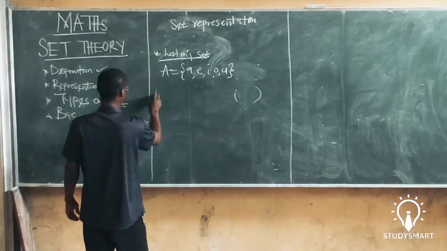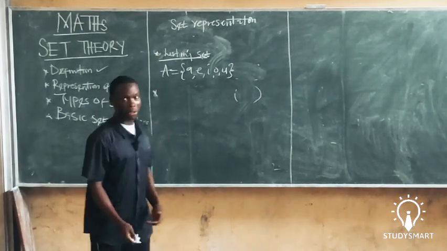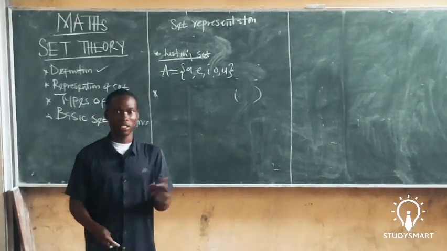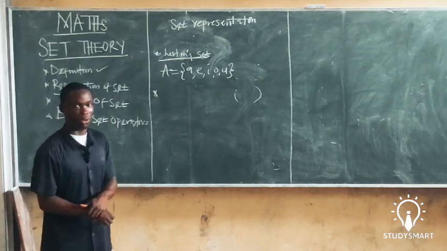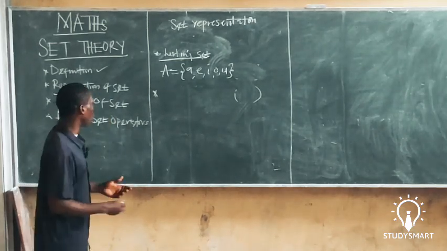And the second way of representing a set is by what we call set builder notation. How does this set builder notation work? We represent a set by set builder notation by describing that set. What do I mean?